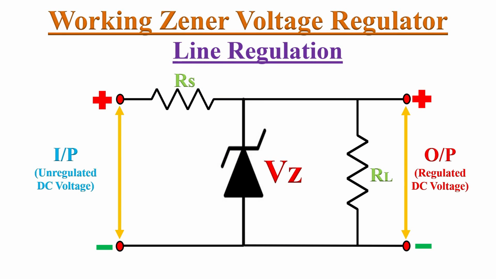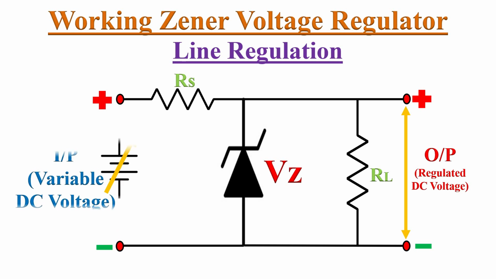Now let's understand how this Zener voltage regulator works as a line regulator, or how it maintains constant output in spite of input line variations.